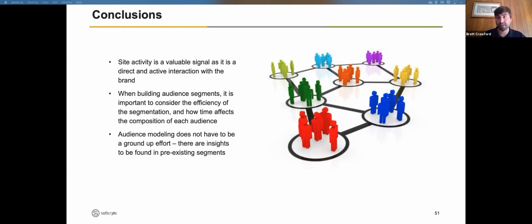Additionally, there can be time components, where you want to make sure that the structures of your audiences are constant over time, and if they're changing, why are they changing? And finally, some of the earlier case studies focused on ground up audience building efforts that took large amounts of data, but it doesn't always have to be a ground up audience. You can use your data to improve any existing segmentation you already have in place.